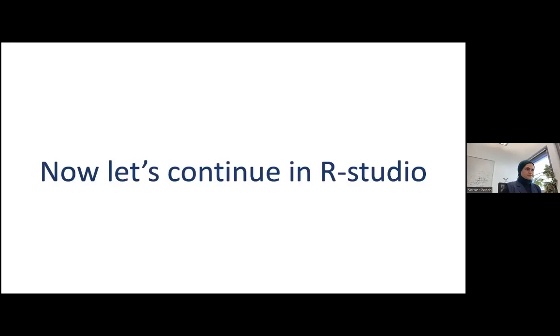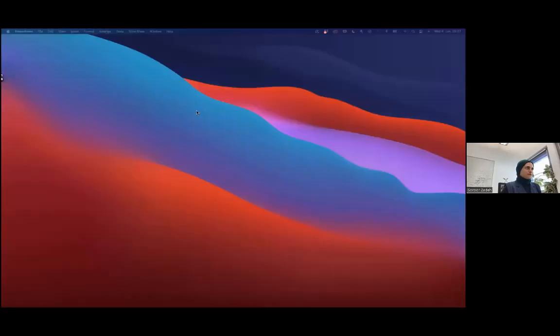And now I think it's a good time to move to RStudio to actually show you how to create an R package, and hopefully I need to switch between different screens.